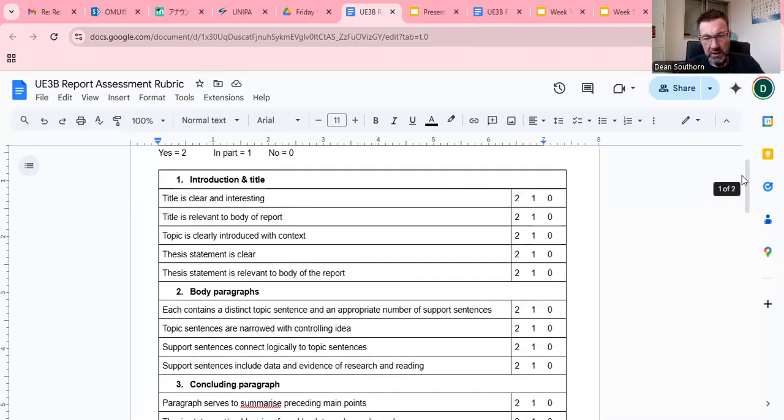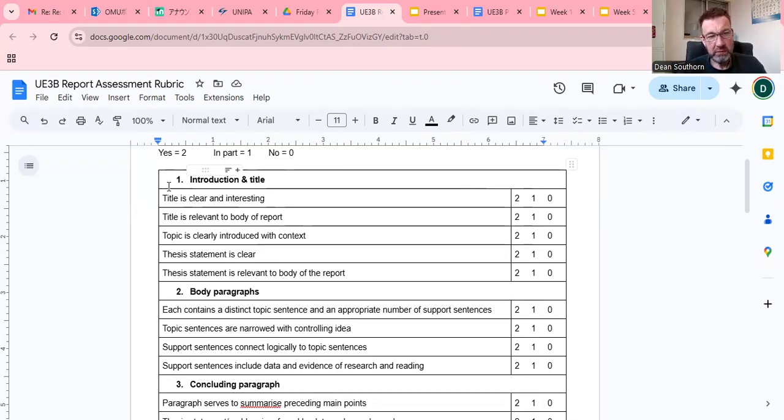But the objective is to help you to understand the different parts, so before you submit your report, you can submit with confidence that you satisfy all the different parts of the rubric and therefore score a high mark.